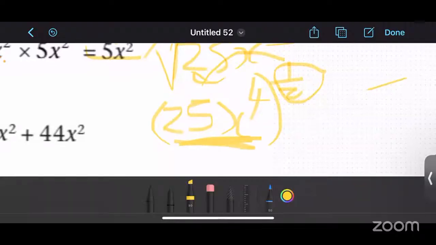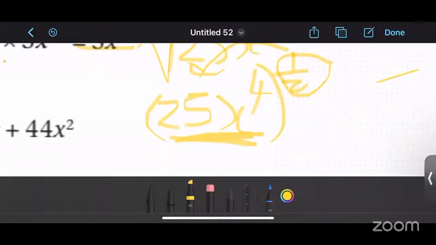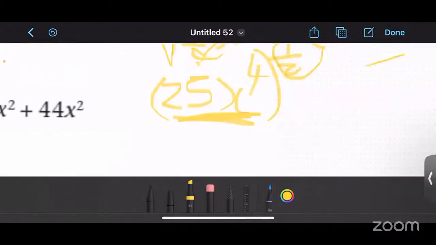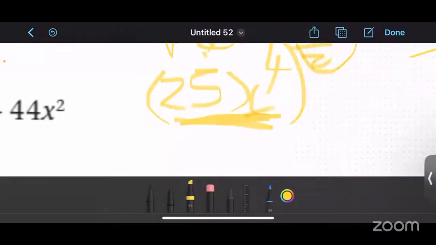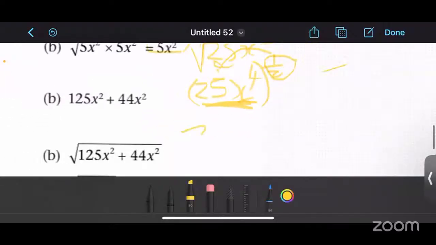So 25 has a power of 1 and x has a power of 4, right? So that means we're going to have 25 to the power of 1 multiplied by 1 over 2. And then again we're going to have x to the power of 4 multiplied by 1 over 2.